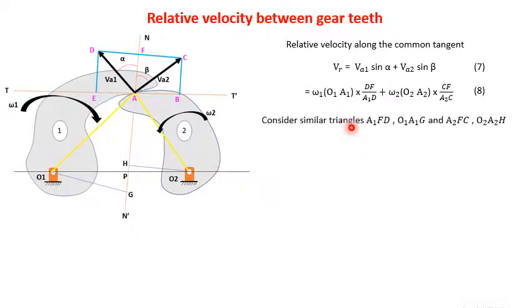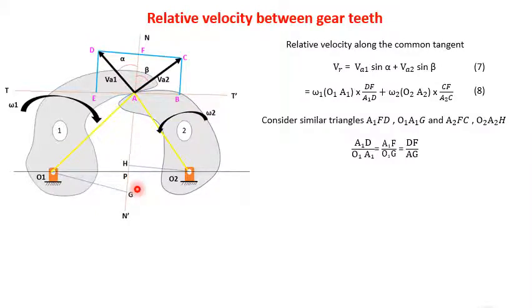Now I am going to consider the triangles A1FD and O1A1G. These two are similar triangles. Similarly A2FC and A2O2H, these two are similar triangles. So I am going to equate the sides: A1D divided by O1A1 is equal to A1F divided by O1G, which is equal to DF divided by AG.